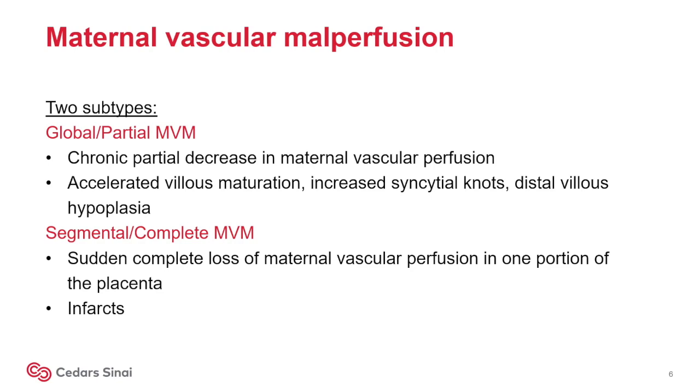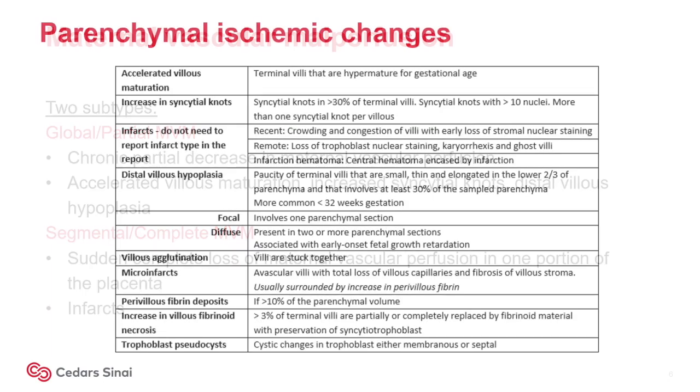So global is chronic partial decrease in maternal perfusion, and that's histologically characterized by accelerated villous maturation, increased syncytial knots, and distal villous hypoplasia. While segmental complete is characterized by infarcts and is a result of sudden complete loss of maternal perfusion in one portion of the placenta.